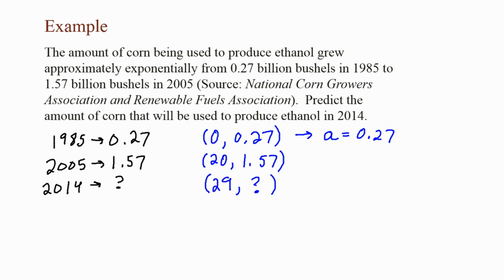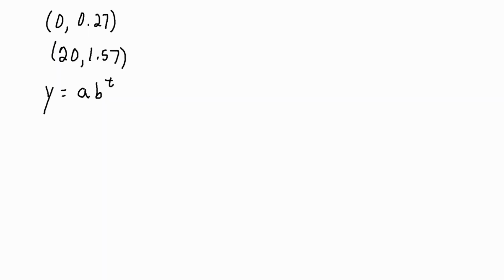To start with, we need to find our equation, which means we have to find B. Starting with our equation, y equals AB to the t, we know that my A is going to be 0.27 and that 1.57 is going to be my y.